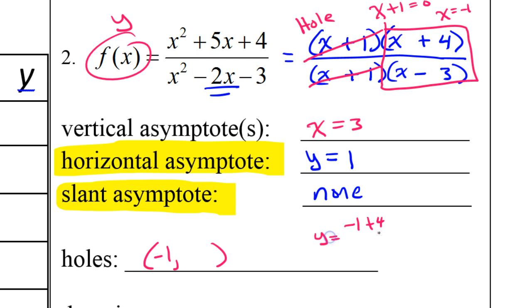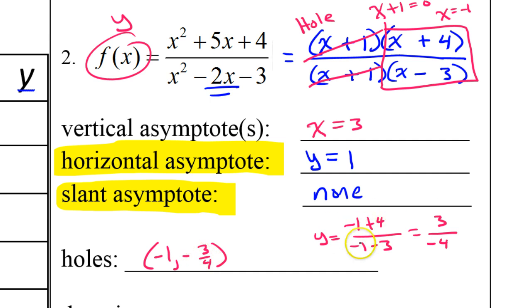So right now I've got y equals -1 plus 4 over -1 minus 3. Okay, so that's going to give me 3 over -4, which is the same thing as -3/4. So there's my hole, -1 comma -3/4.